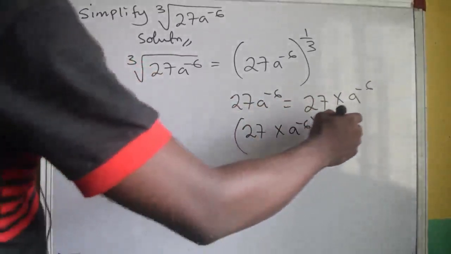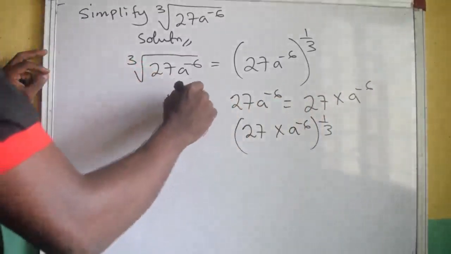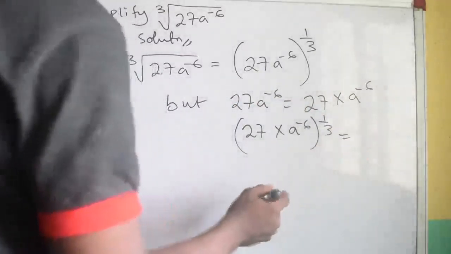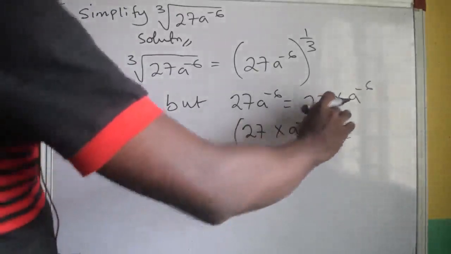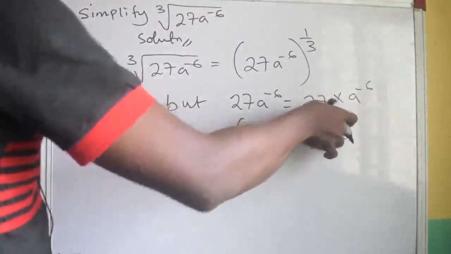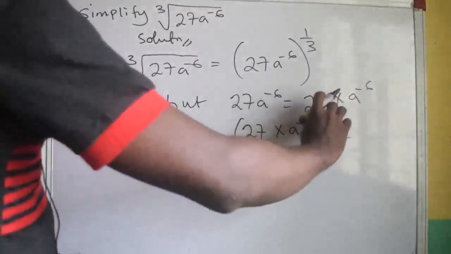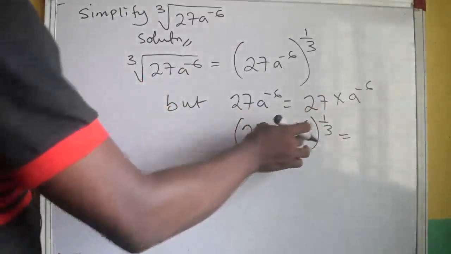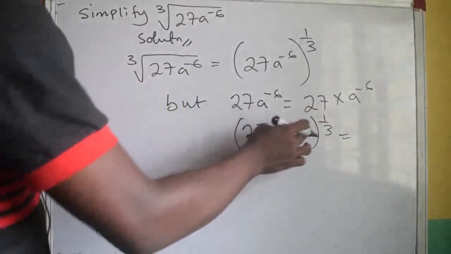I've forgotten, I have to put bracket here. So this guy is the same thing as saying, take this guy, because this bracket means that 1/3, this is the power, is affecting everything inside the bracket, 27 and a raised to power -6.